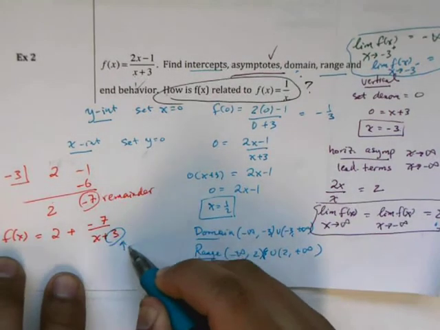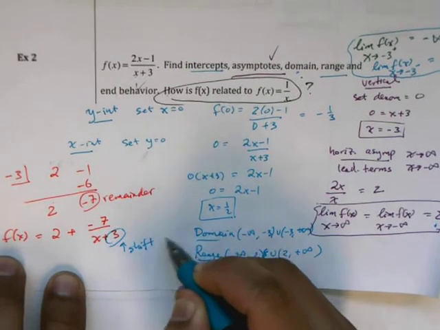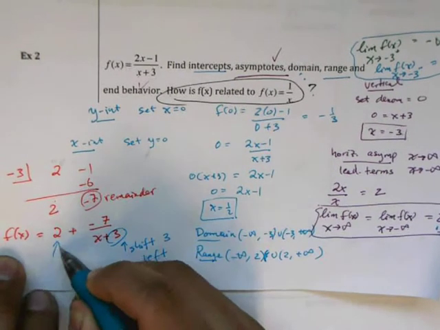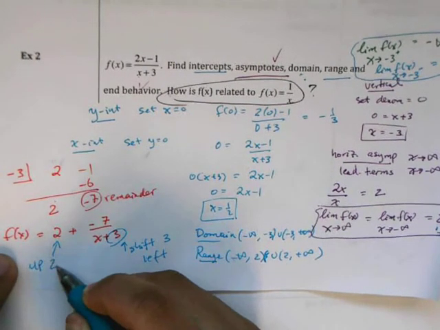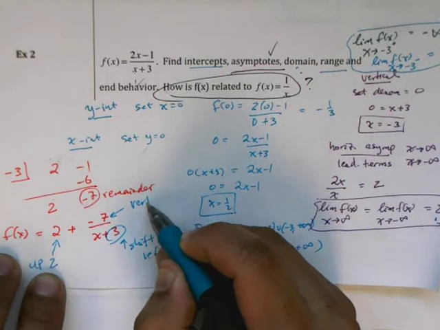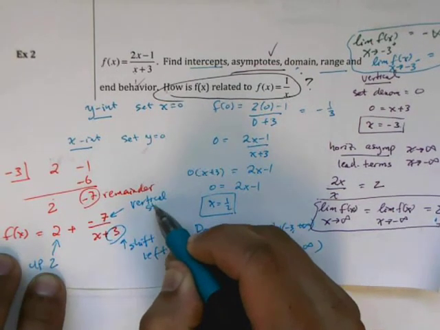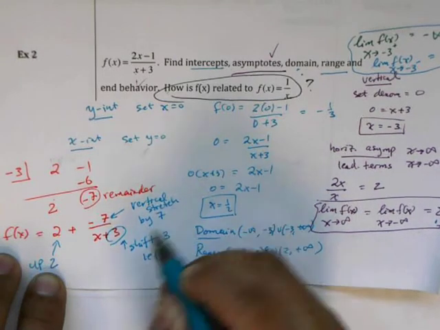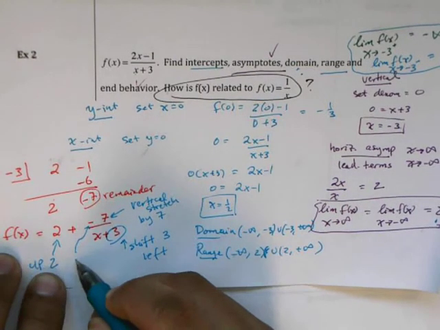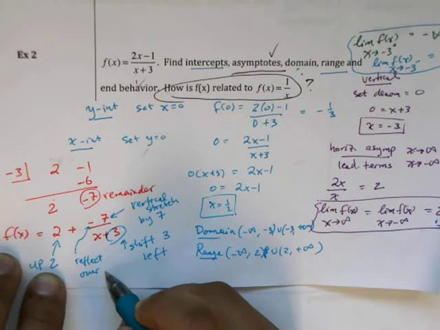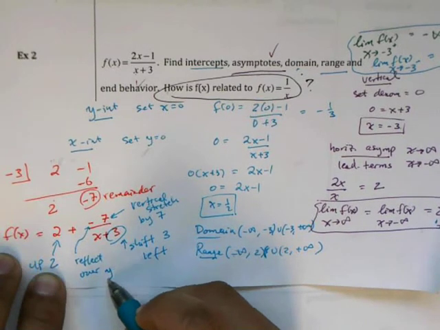Well, let's think about the transformations. This 3 here is shift 3 left. This here is shift up 2. This negative 7 here is a vertical stretch by 7, and the negative says reflect over the y-axis.